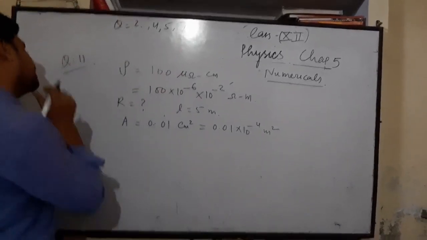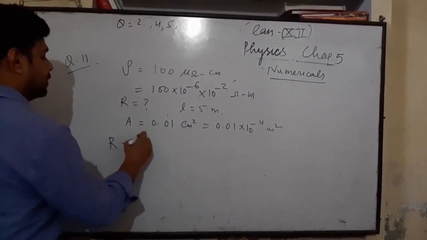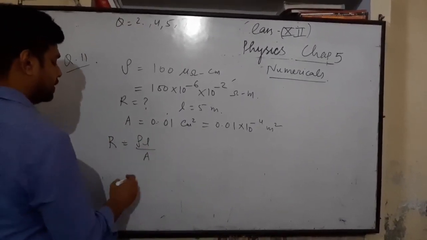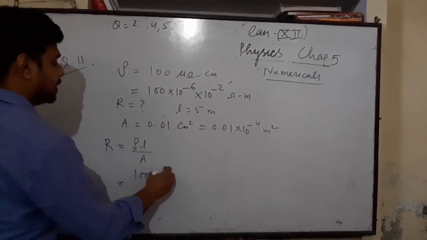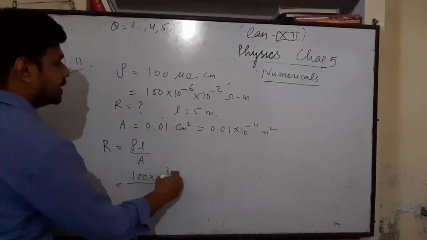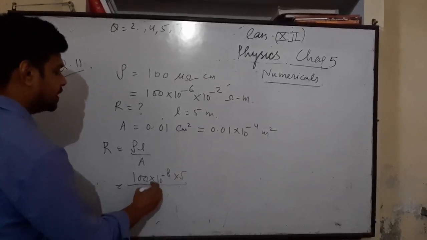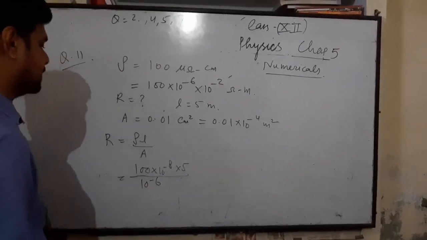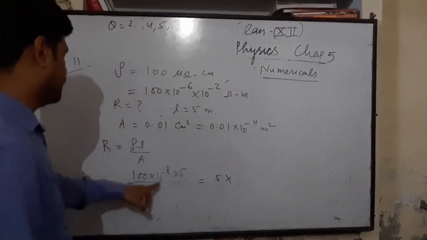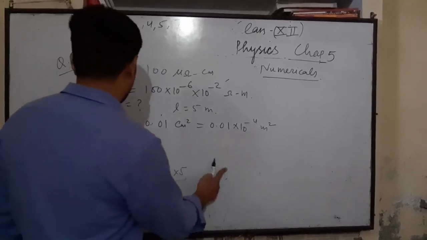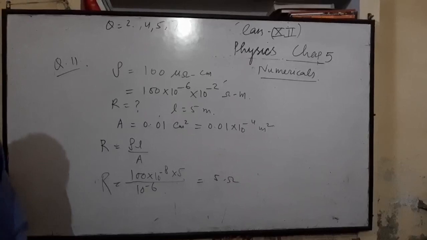We have to find R. So R is equal to rho L over A. So rho is 10 to the power minus 8, L is 5 and A is 10 to the power minus 6. So it is 5 ohm. So this is resistance of 5 ohm.